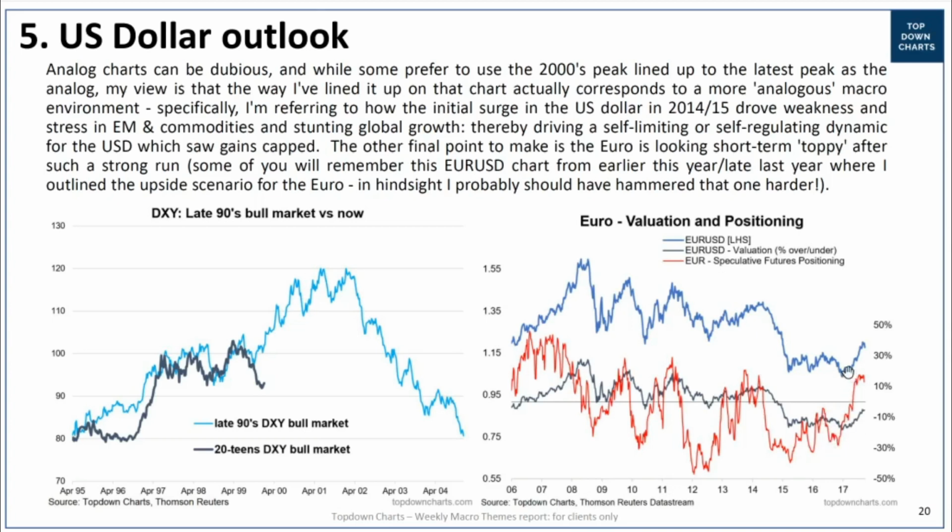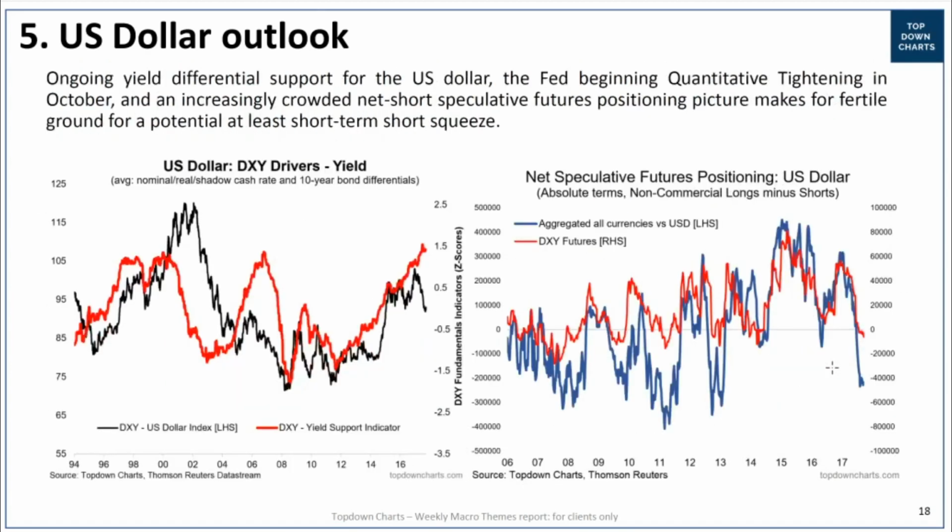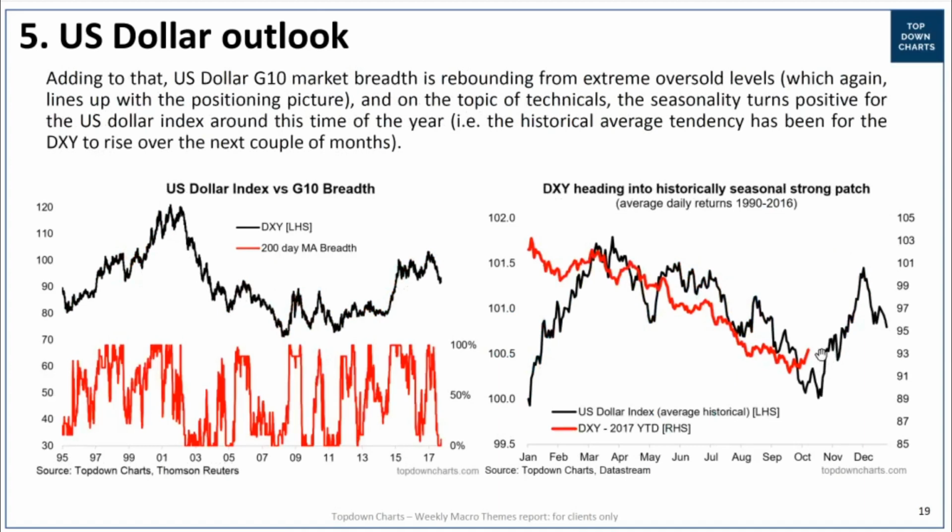I didn't bang the table about that one, but I certainly highlighted it in this report, and that was a pretty good call in hindsight. But at this point, that valuation signal has weakened notably, and the positioning has turned around. So overall it looks like the seasons could play out as per usual.